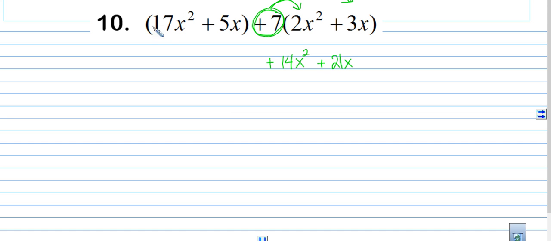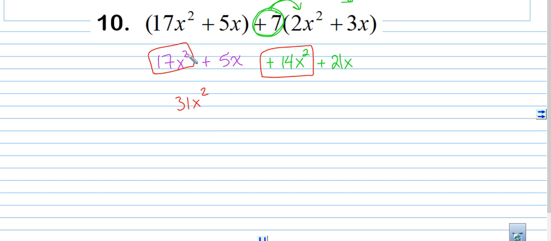Okay? Now, nothing's outside of this one, so it'll just drop down. You get 17x squared plus 5x. And now we're going to go through and combine our like terms. We have 17x squared plus 14x squared. 17 and 14 make 31. We get 31x squared.